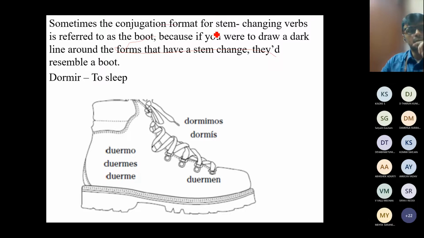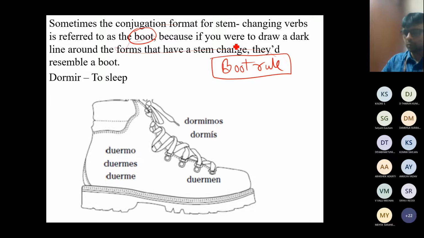Sometimes the conjugation format for stem changing verbs is referred to as the boot. So this is what we will see, the boot rule. If you can remember this boot rule, then it will be easy for you to understand this concept. For example, I have taken the stem changing verb dormir.